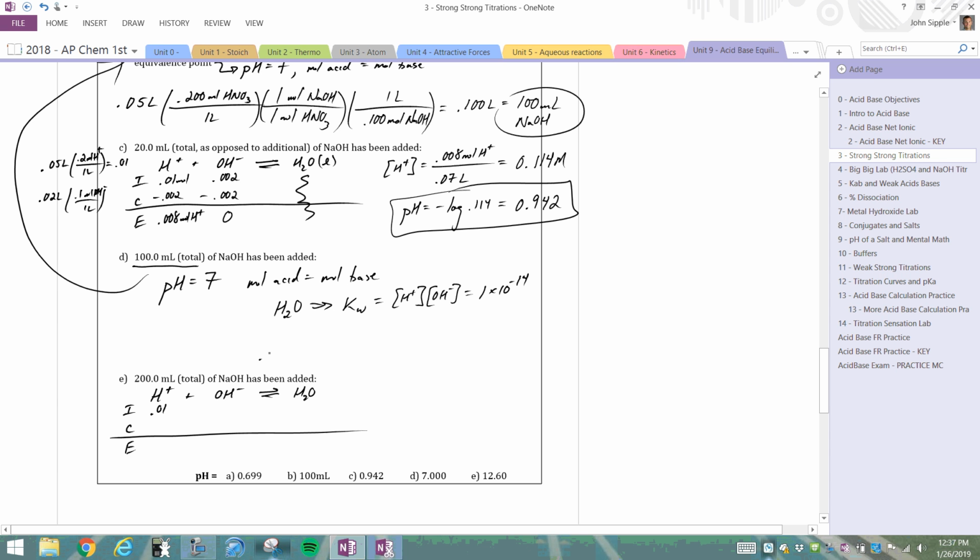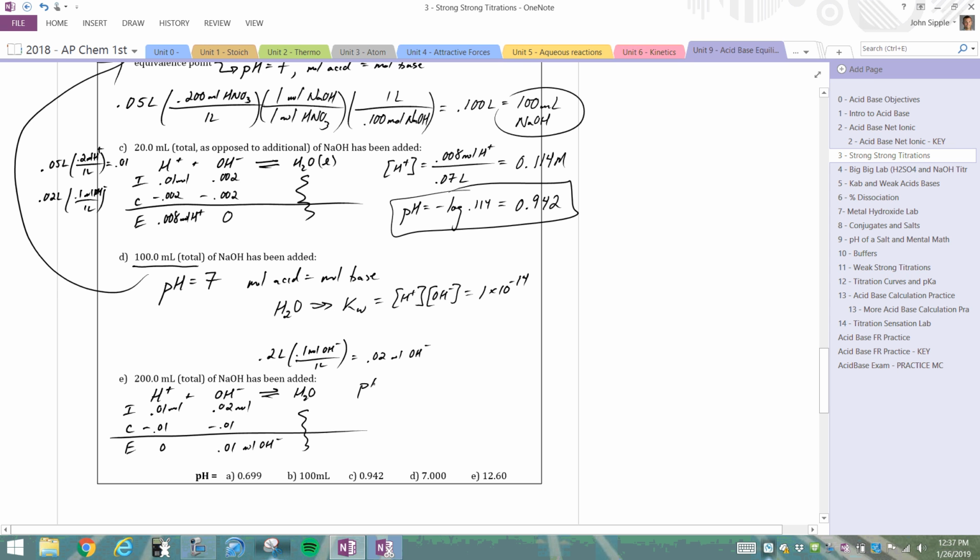If we had 0.2 liters of 0.1 molar hydroxide solution, that means we just add 0.02 moles of OH minus initially. Now our limiting reactant is H plus. So minus 0.01, minus 0.01. H plus is 0. Now all we have floating around in solution is hydroxide ions.